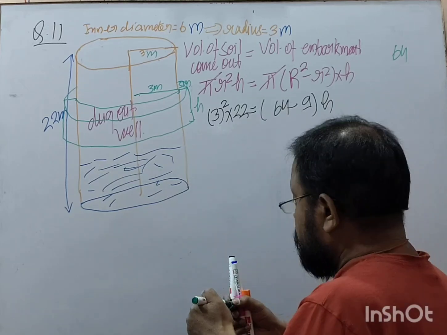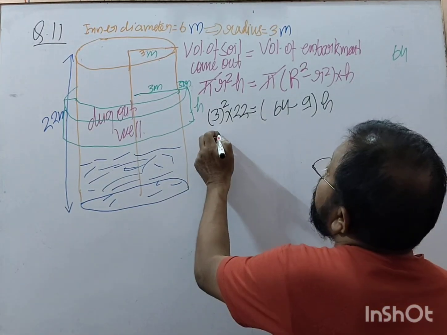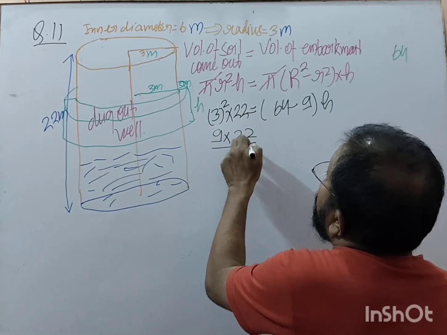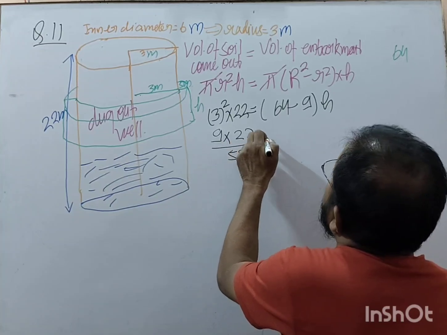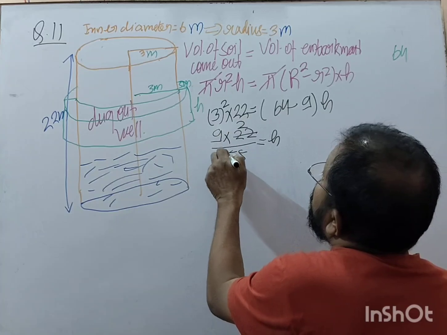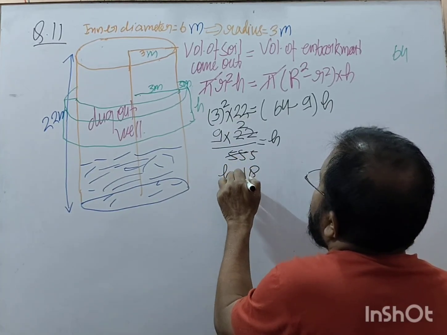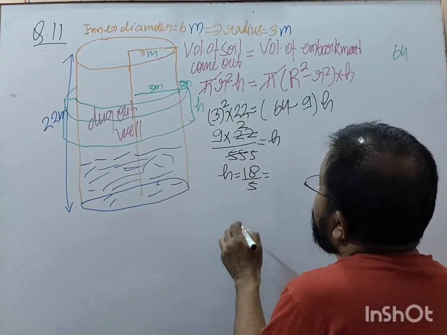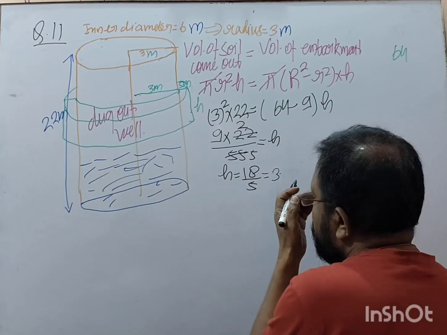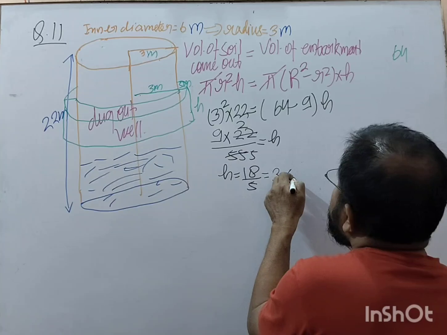So 9 into 22 upon 55 is equal to h. H is equal to 18 by 5. It is 3.6 meter.